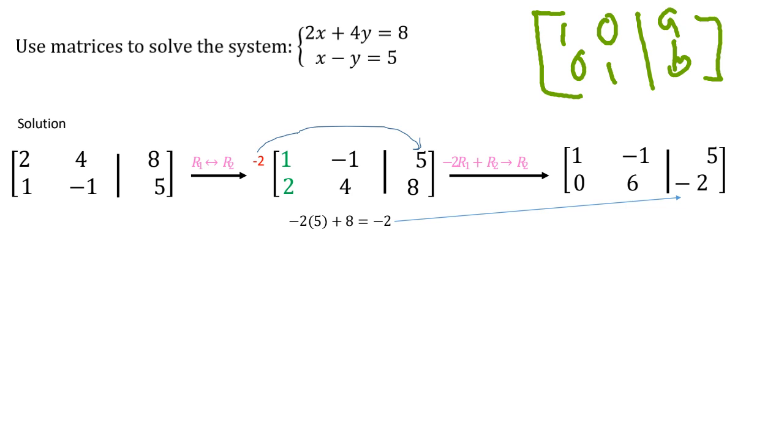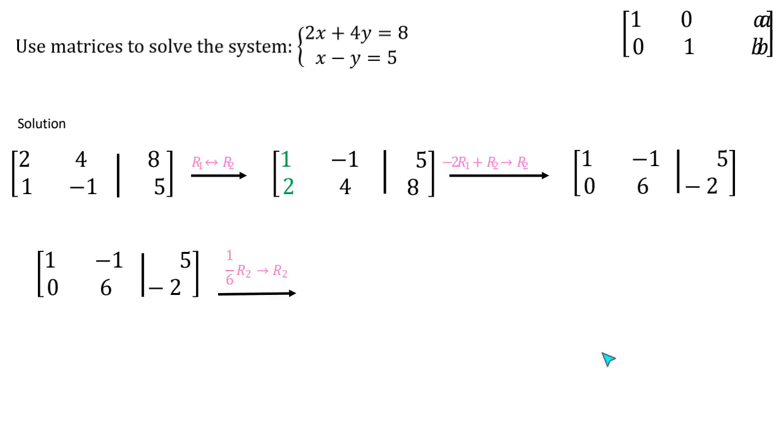Okay, so now that we have our 1 and our 0, next our goal is to make this 6 a 1. If you want to make something a 1, then we can multiply by its reciprocal. So 1/6 times 6 will give me a 1. In other words, we're just dividing by 6. So I'm going to multiply 1/6 times row 2, and whatever answer I get, I'm going to put it in row 2.